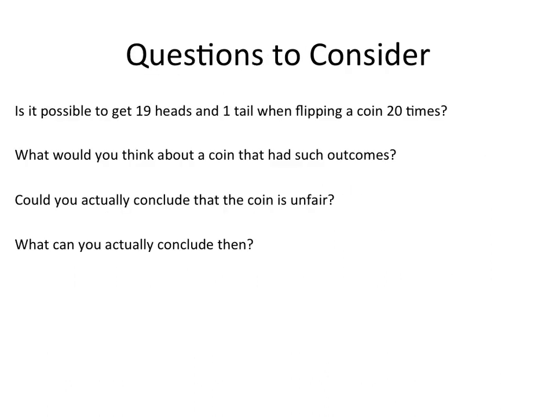Questions to consider. Is it possible to get 19 heads and 1 tails when flipping a coin 20 times? Well, yes, it is possible. What would you think about a coin that had such outcomes? You might start to think that it's not fair. Now, could you actually conclude that it's unfair? Well, no, not really.